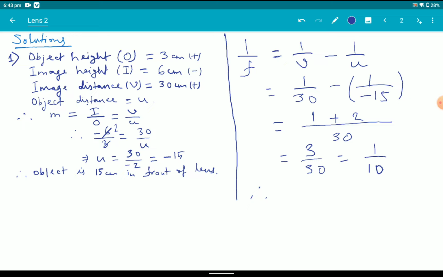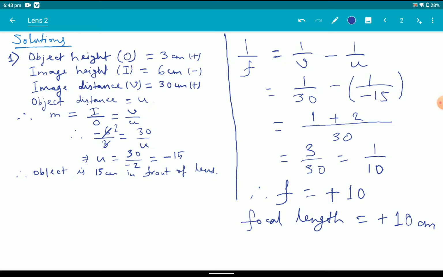Hence f is equal to plus 10. Therefore the focal length is plus 10 centimeter.